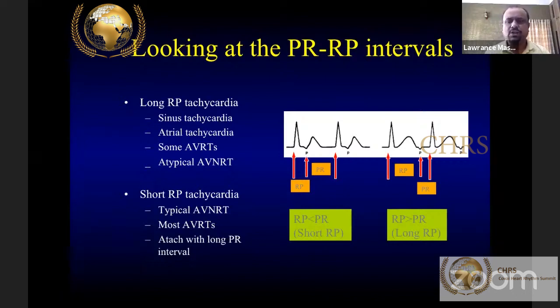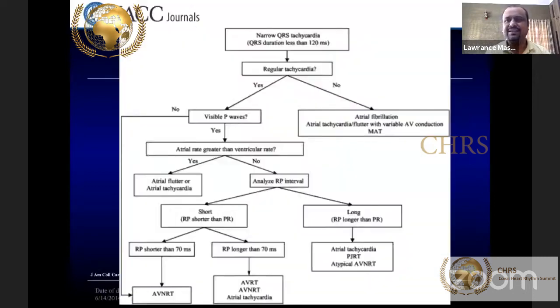The most common short RP tachycardias you are going to see in clinical practice are AV nodal reentrant tachycardias and AV reentrant tachycardias. When your RP interval is longer than the PR interval, you are talking about a long RP tachycardia. The most common pathological variant of this form would be atrial tachycardia.